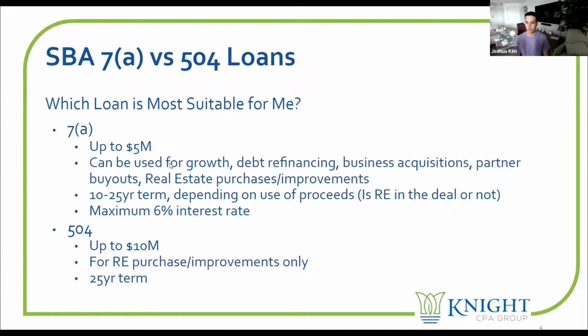If you just want to go for the lowest rate just to buy real estate, the appeal of SBA loans above conventional financing is a lot of times going to be better rate and better term, both from an interest rate and a loan length standpoint, but they're also much better from a down payment standpoint. There are a lot of instances where you can technically do 7A loans to buy a piece of real estate with $0 down.